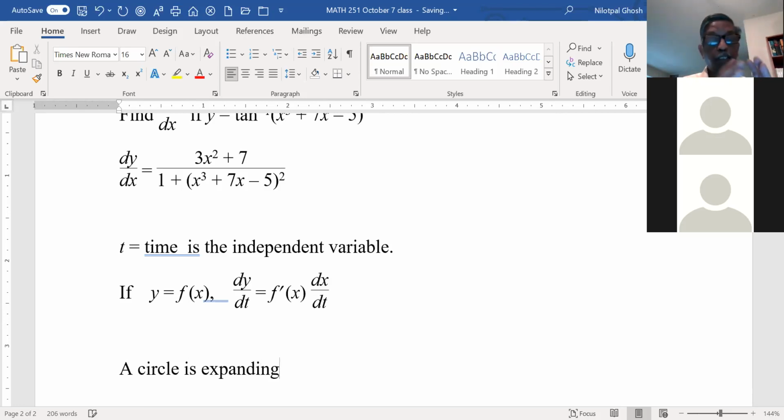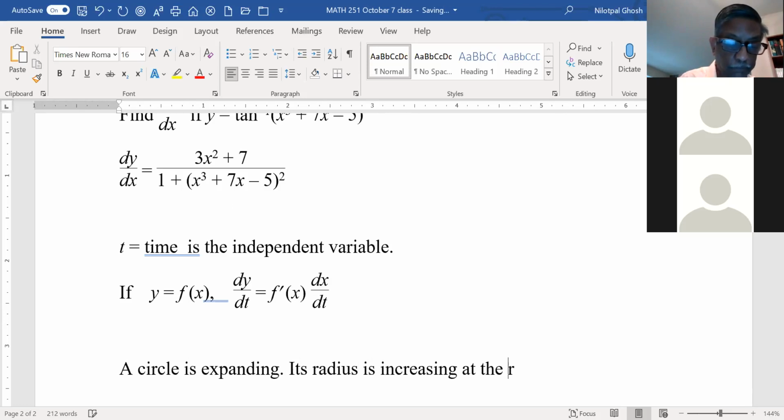Suppose a circle is expanding. A circular shape is expanding. Its radius is increasing at the rate of, say, I'm going to use inches here, 0.1 inch per second.